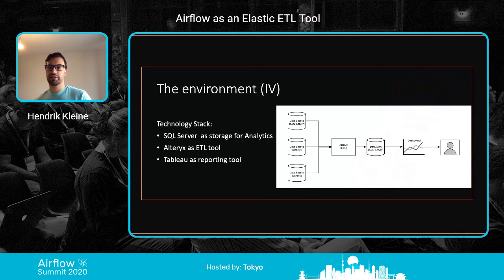So we have three key roles within our team. And within our company, we obviously have more roles, but we categorize them into these three different buckets, really. So we have the data engineer. You can think of that person as someone obviously interacting with Airflow. And we have business intelligence.